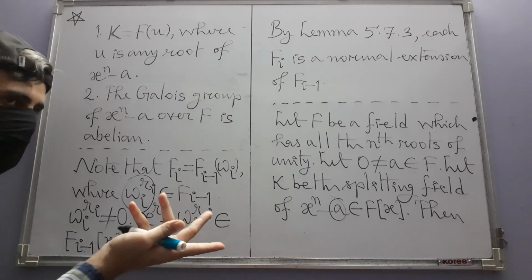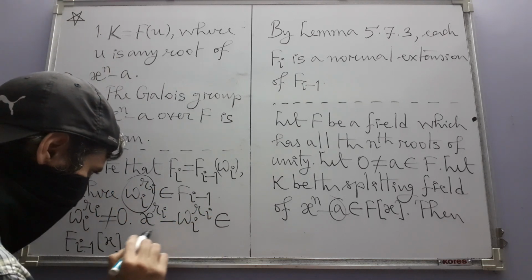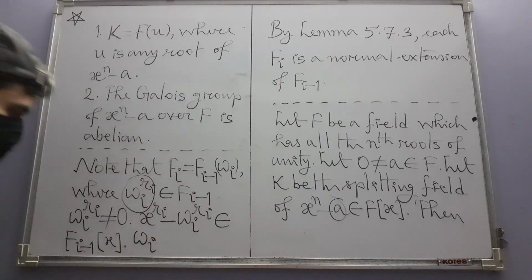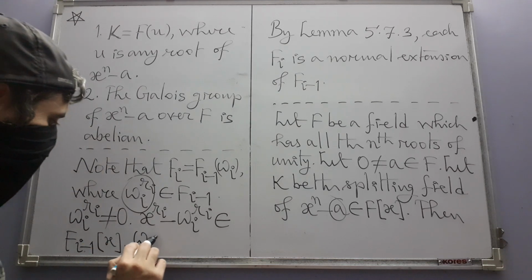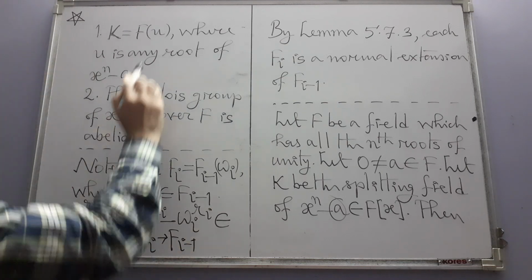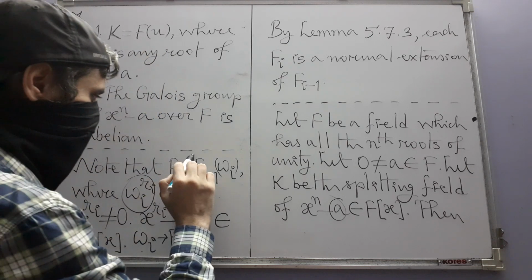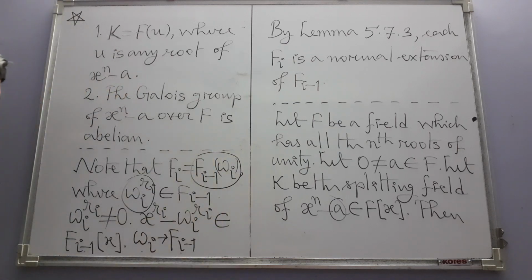This polynomial may have many roots, but among all those roots, ω_i itself is a root. So if we adjoin ω_i to F_{i-1}, we will obtain this extension.